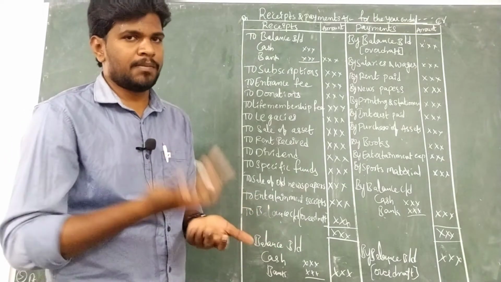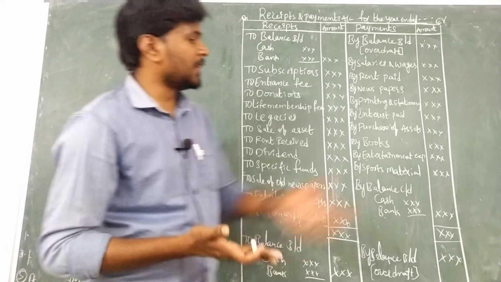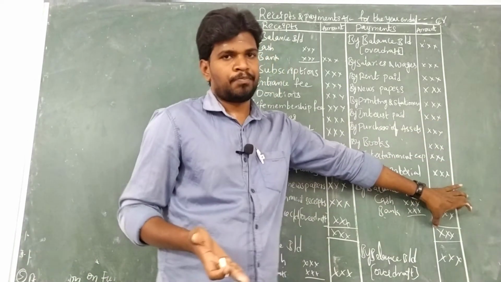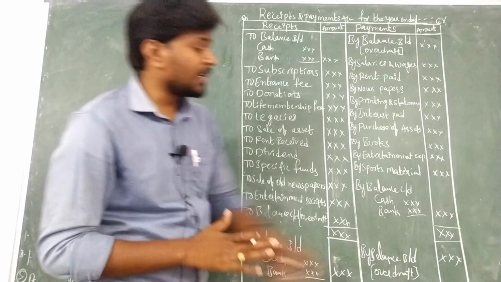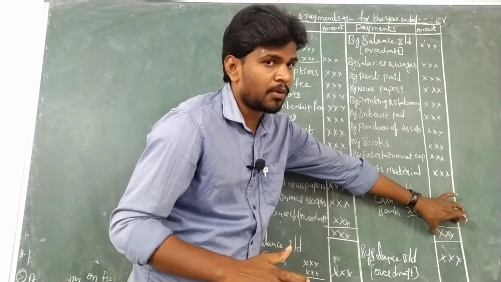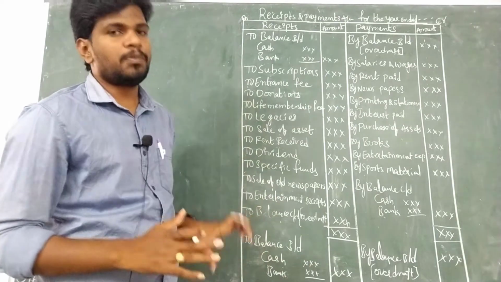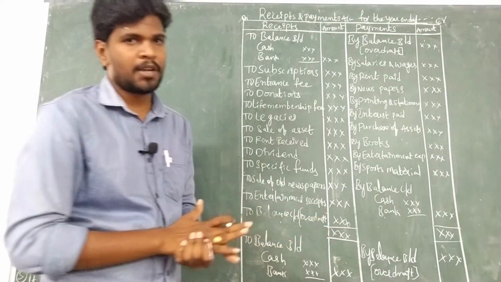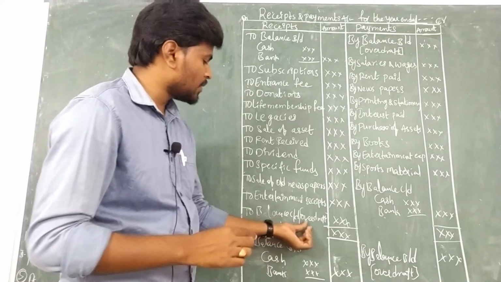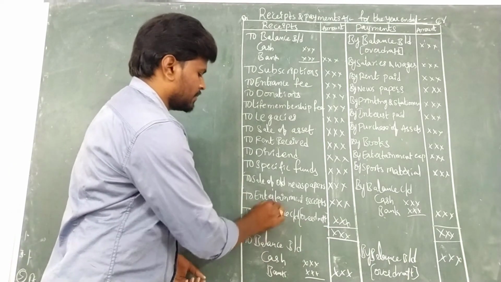Sometimes the credit side is greater than the debit side. Then the credit side total is automatically the debit side total also. So where is the difference? The difference is on the debit side. What type of difference? It is called overdraft.